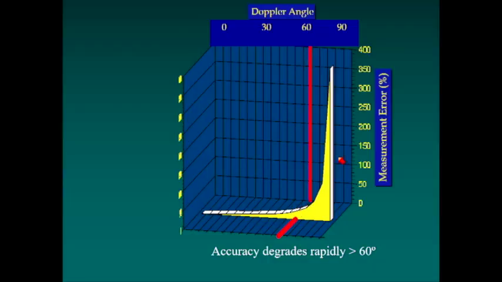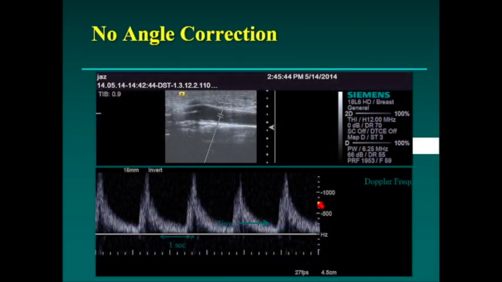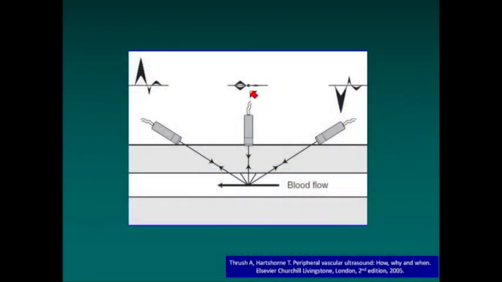And here's a time-honored graph showing how the accuracy of the measured waveform degrades above 60 degrees, and it does so rather rapidly. One thing I might point out is that if you are at 90 degrees, you often get these very strange triangular or diamond-shaped waveforms with representation above and below the baseline. I think that's caused by probably one of two mechanisms.